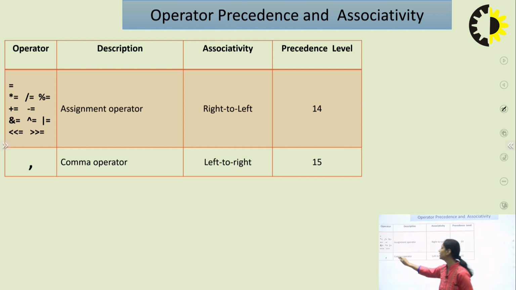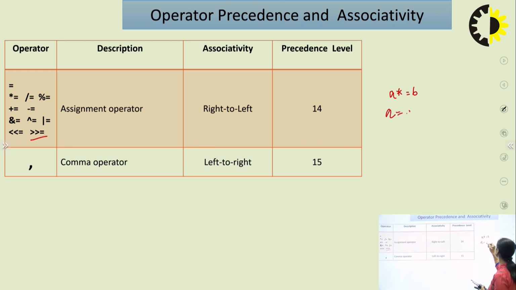These are the shorthand operators wherein, as we have just discussed, multiply equal to, if I write it like this, means A equals to A multiplied by B. These assignment operators are evaluated right to left and are at the second last precedence level, and at the last precedence level we have the comma operator, which is again evaluated left to right and is at the 15th precedence level.